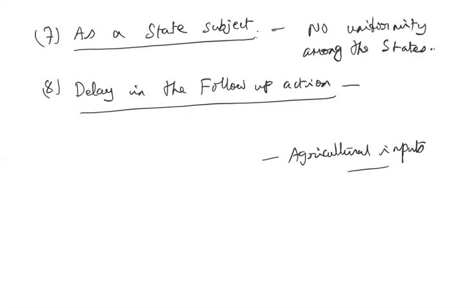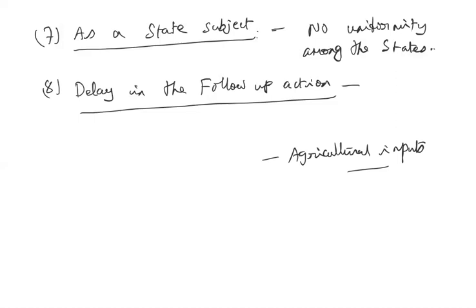Okay, so these were all the criticisms of land reforms. On the whole, it is not a very successful program. Only in very few states, especially Punjab, Maharashtra and Haryana, you can say to a reasonable extent the land reform measures have been seriously implemented.